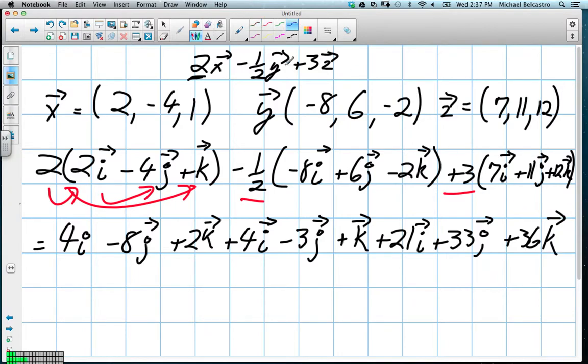Once we've done that, we collect our like terms. These are our i's, our j's, and our k's. And we put them all together to find the unit vectors.